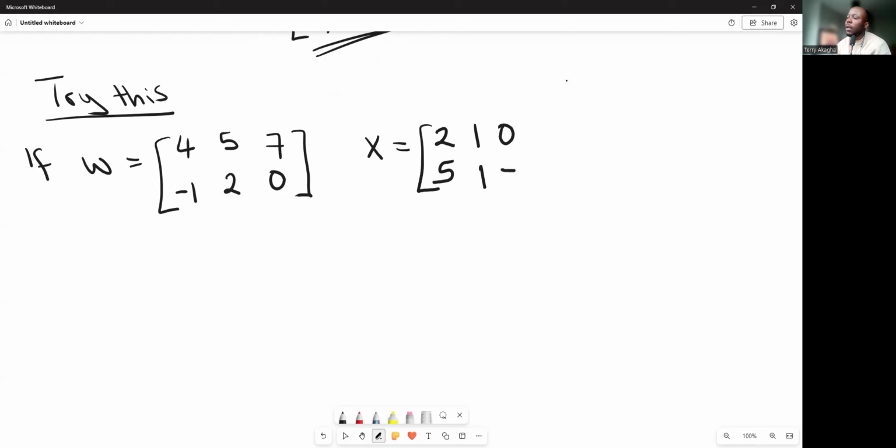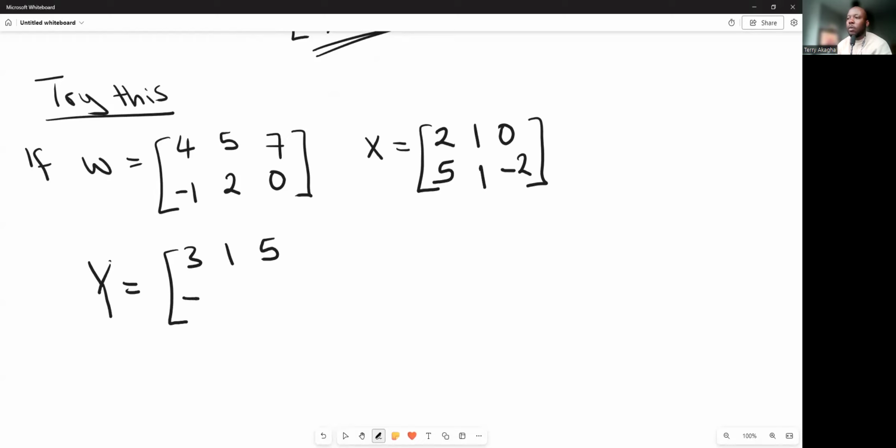And we're told that we also have Y, let me put it as a capital letter, Y equal to 3, 1, 5, minus 1, 2, 0.